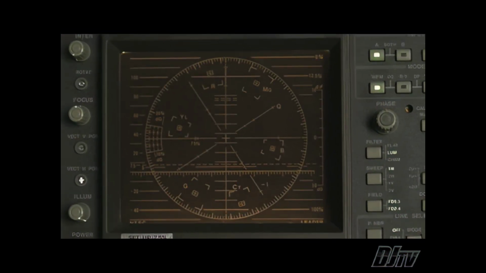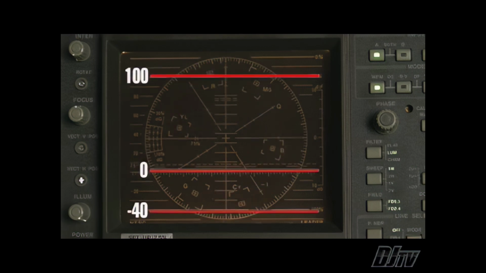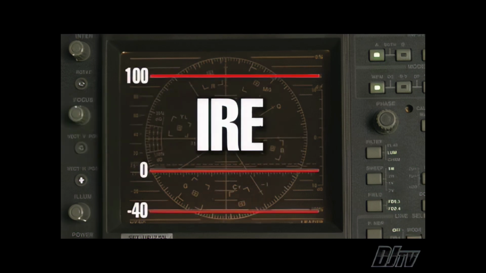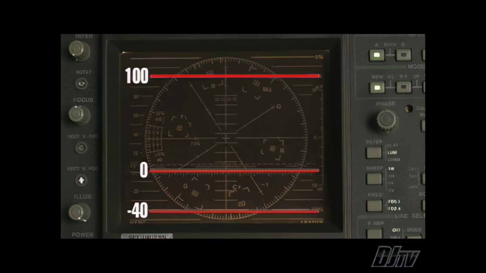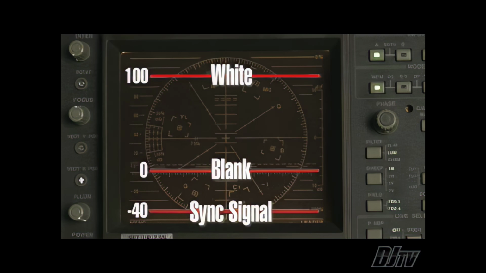The horizontal lines on our waveform scale here go from -40 to over 100 IRE. The unit here is the IRE, which is named after the Institute of Radio Engineers, which first developed the scale. 0 IRE is considered blank, and 100 IRE is white, with -40 IRE reserved for a sync signal, and the over 100 IRE levels are for transient peaks.